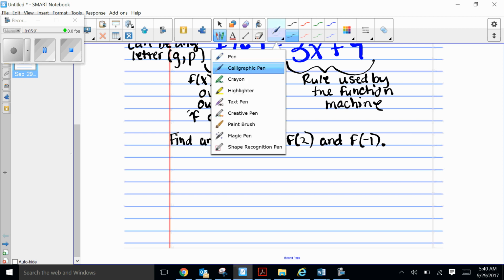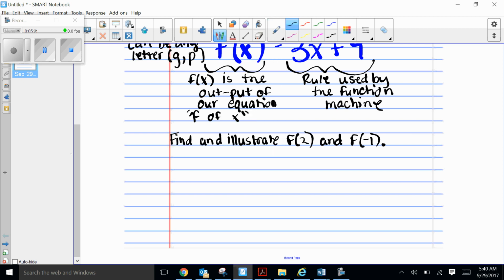Okay, so drawing our function machine. Doesn't have to be pretty. Inside, I'm going to place my input, my x value. So we already talked about that. Whatever is inside the parentheses is what I'm inputting into my function.